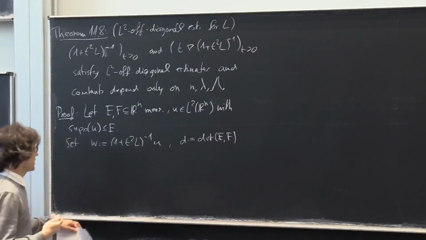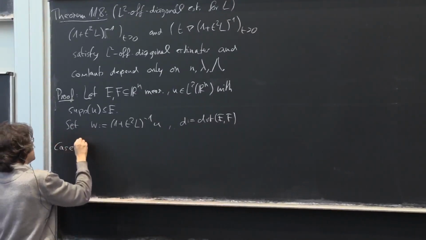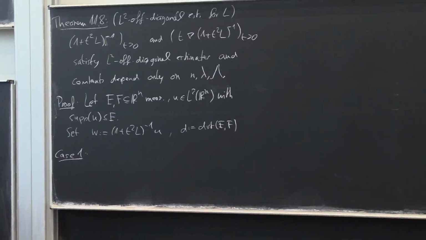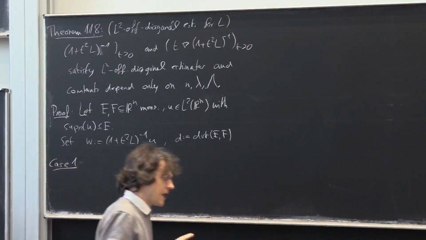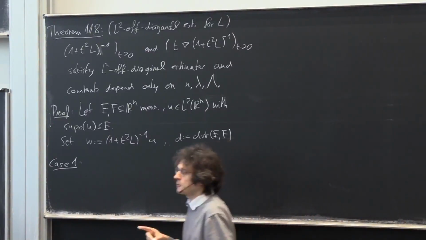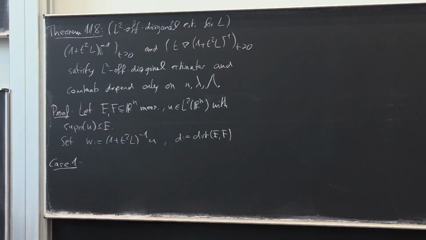So we'll mimic this and do the same case distinction more or less. So we will first look at the distance being small, but we will see later in the proof that it's a very good idea to not just say we do a case distinction D smaller 1 and greater or equal 1, but we will introduce one more parameter in this case distinction.